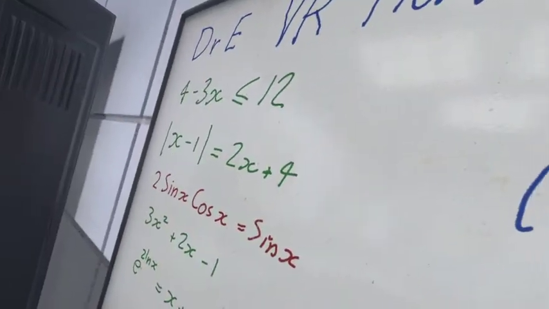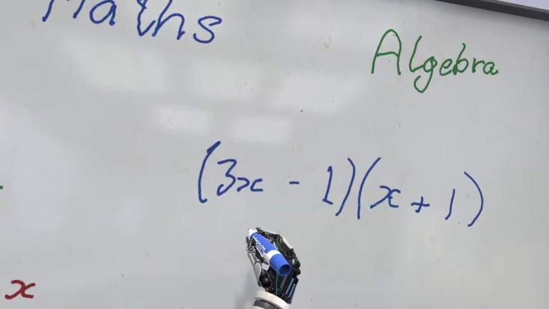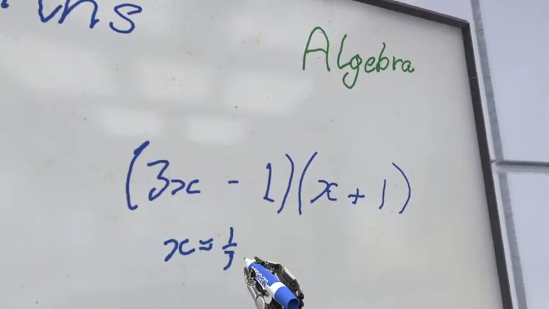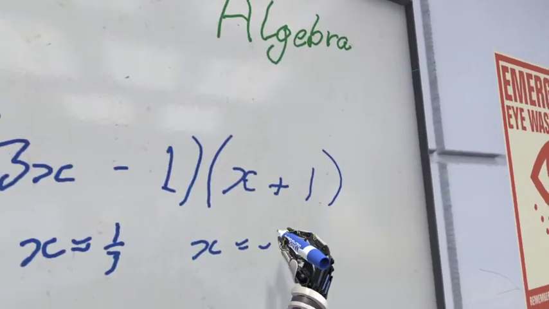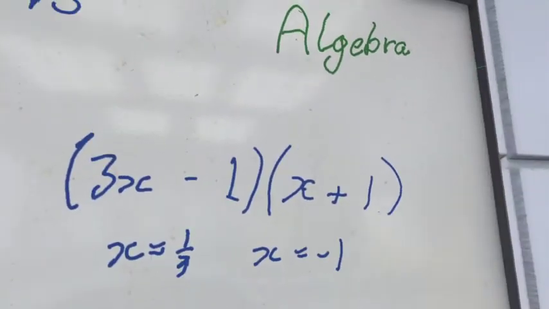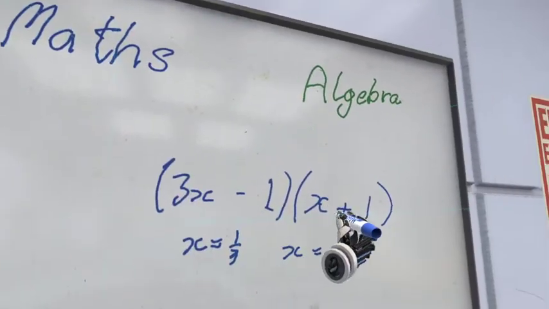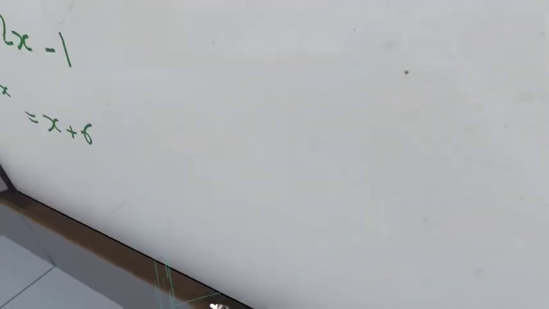And that's really your first step, and then you've got your solution there. x is 1/3, and x equals minus 1. A bit messy there. Okay, so that should be pretty obvious using quadratic factors and giving the roots of the equation.